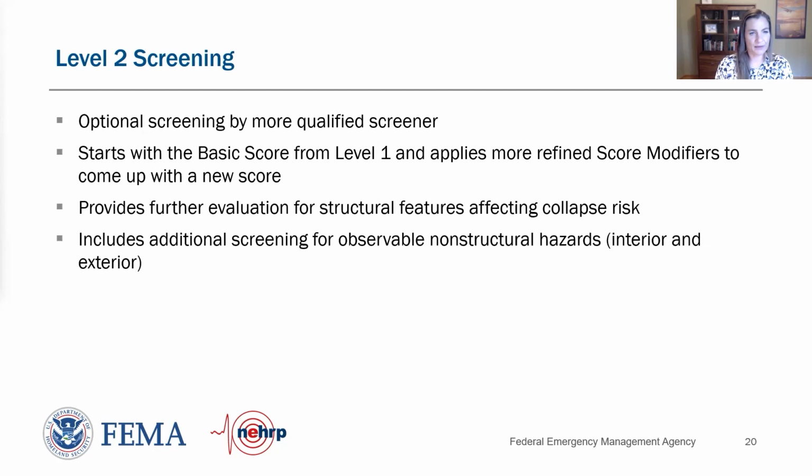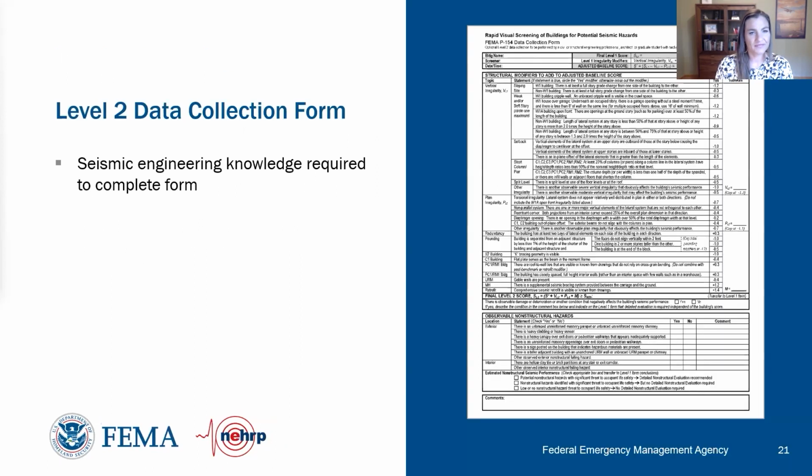And it includes a slightly more detailed non-structural hazard screening. So here's a photo of the level 2 data collection form. And again, this is going to be provided for each different seismic region.